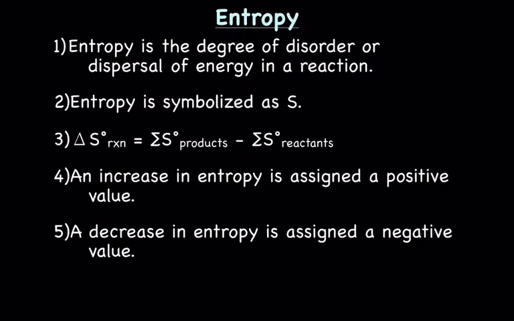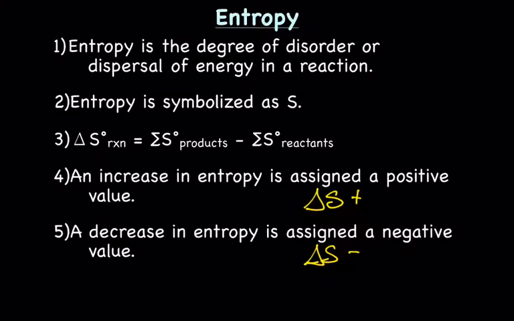For now, think about a reaction that has a positive delta S as more likely to happen than a reaction with a negative delta S. Why is that? Well, it's easier to go towards more disorder, okay?